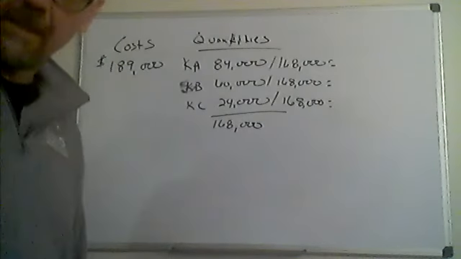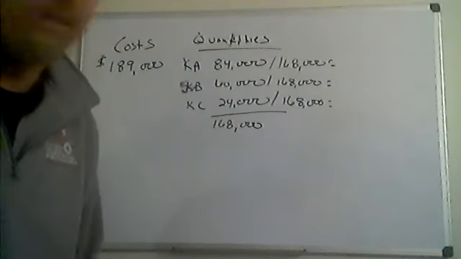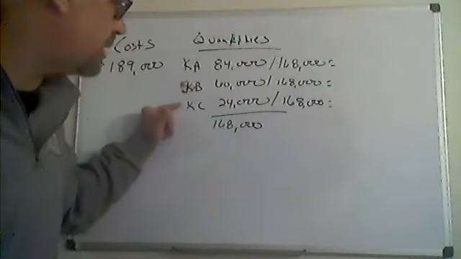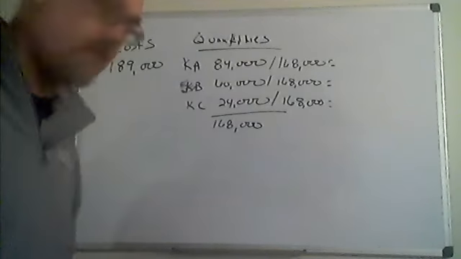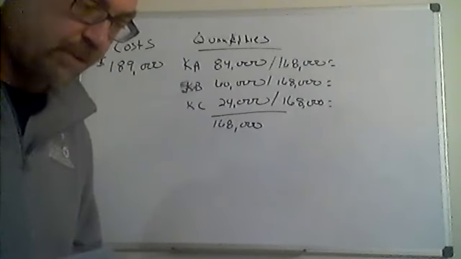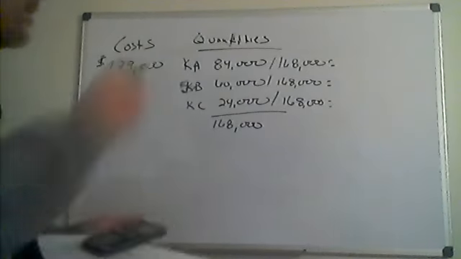It is the same process we did when we were allocating through the sales value, but only we're looking at the physical quantities. So you can see that Ka produced 84,000, Kb 60,000, Kc 24,000. So we get 168,000 total that were produced. The question specifically is asking what is the cost of Ka. So that is the only one I'm going to figure out.